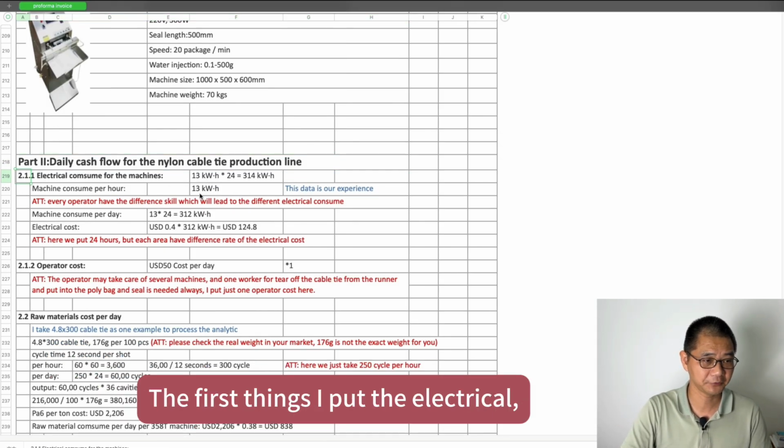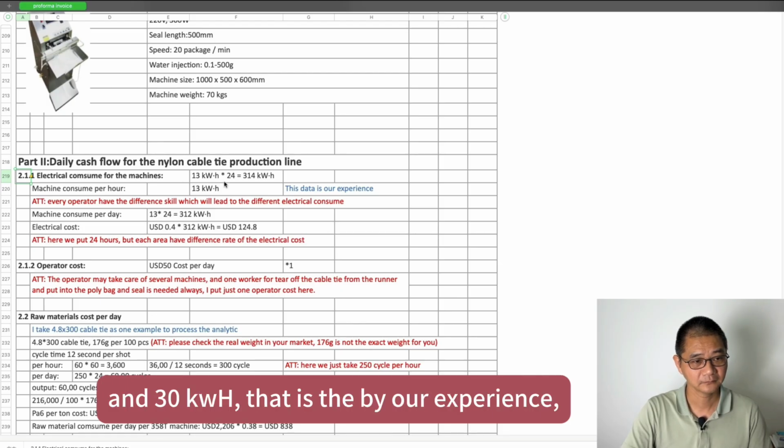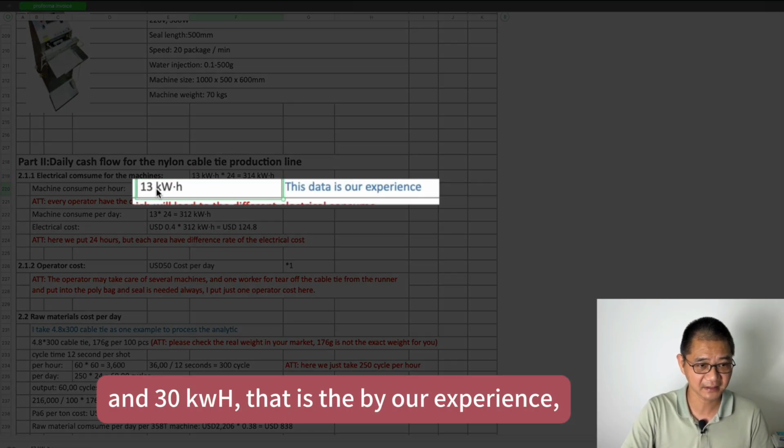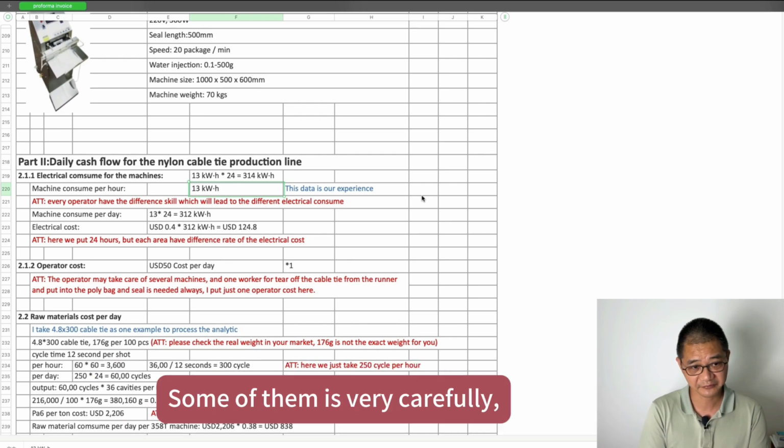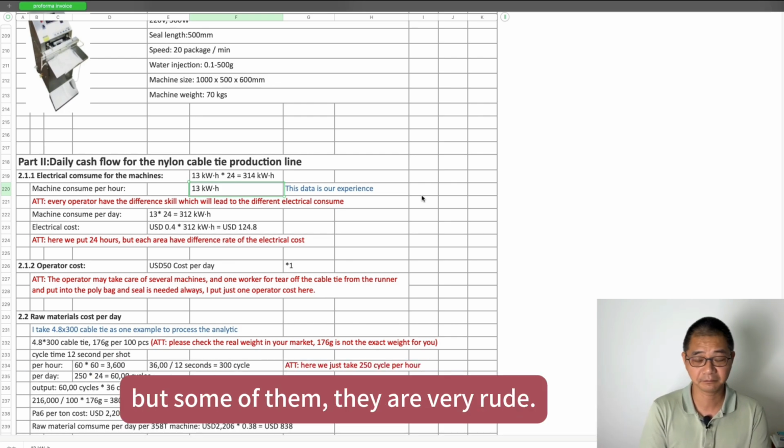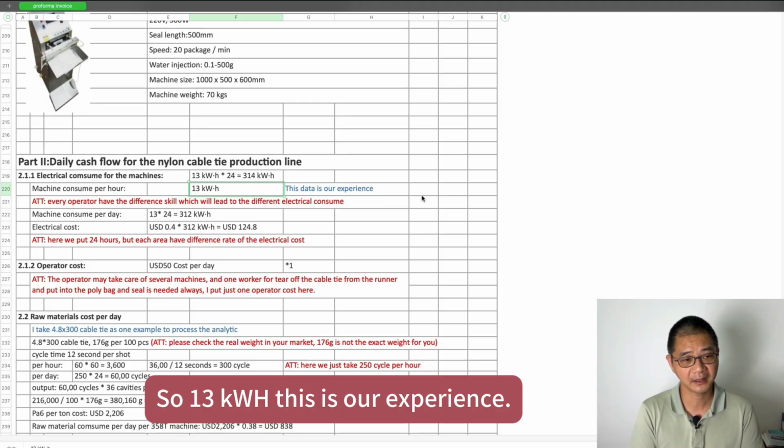The first thing I put is the electricity, 30 kWh. That is by our experience. And each operator has different habits to operate the machine. Some of them are very careful, but some of them are very loose. So 13 kWh, this is our experience.